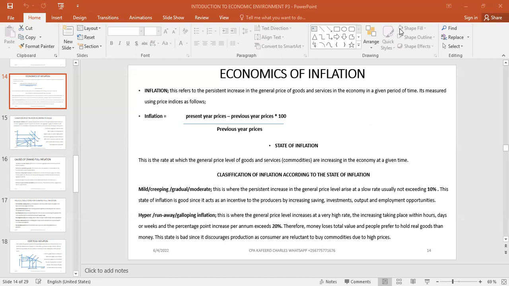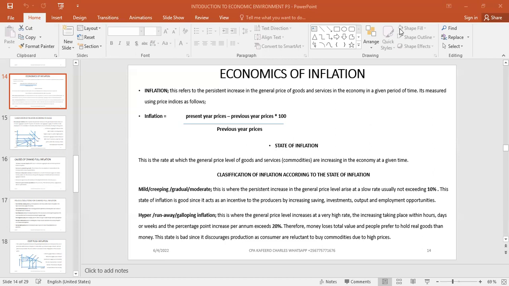We say the percentage increase is exceeding 20% per annum. You see that per year the prices have increased. If something is increasing by 20%, it means the total is supposed to be 120, meaning that the amount is supposed to exceed the 100.